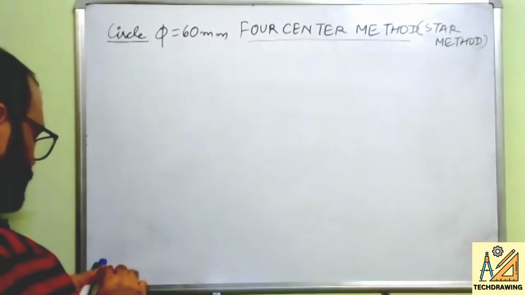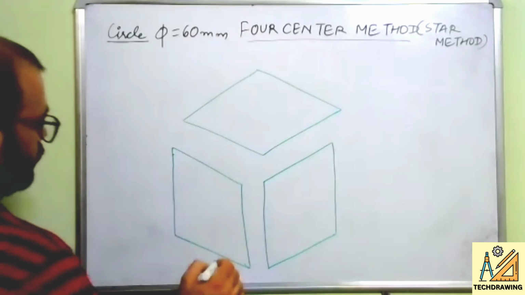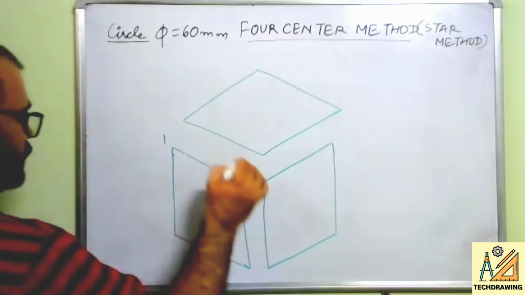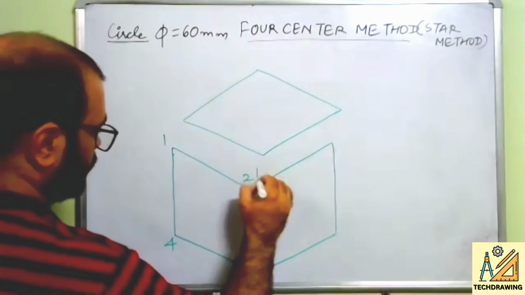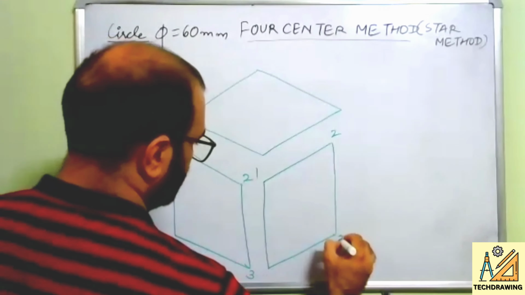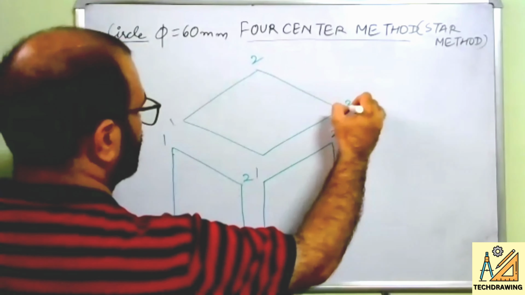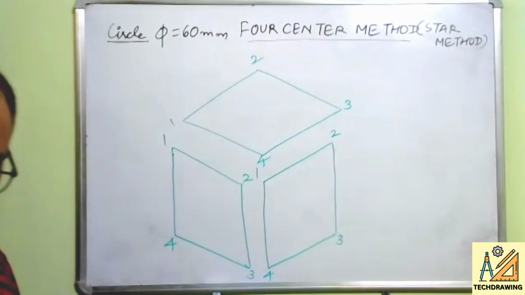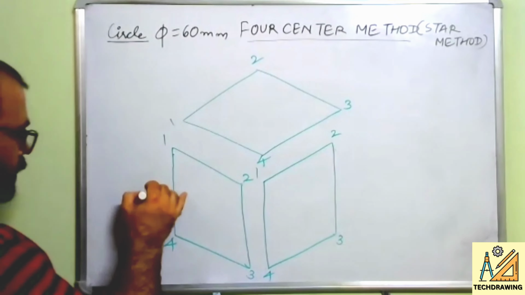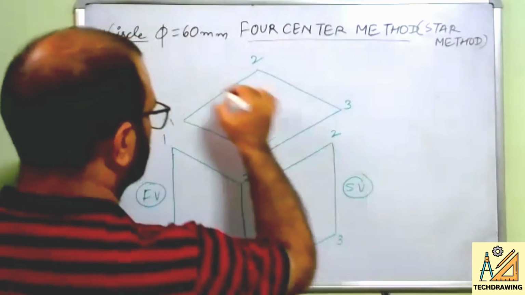First of all, let us draw those parallelograms. Let us say this is 1, 2, 3, 4. Here, let us say this is the front view, this is the side view, and this is the top view.